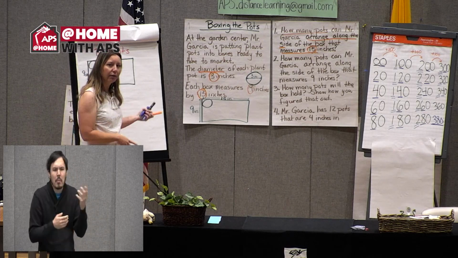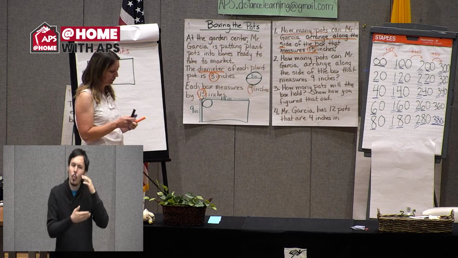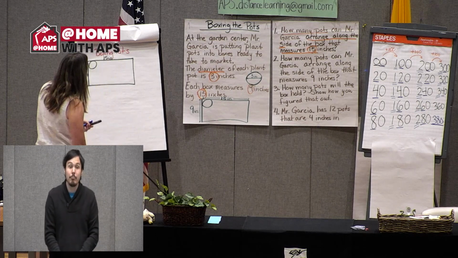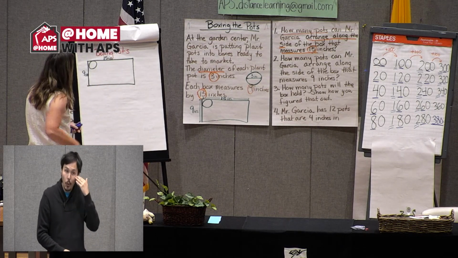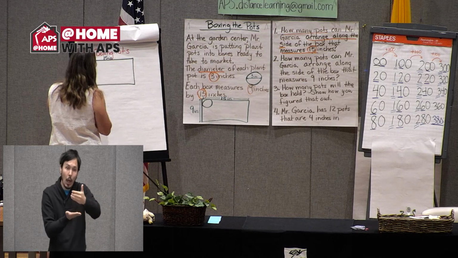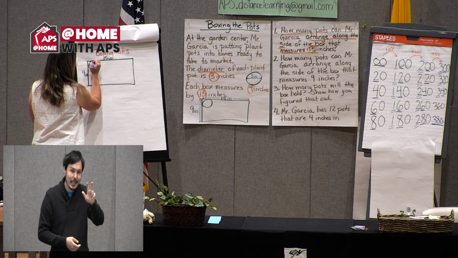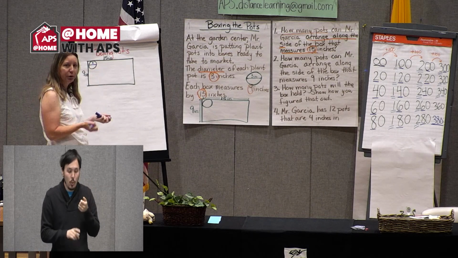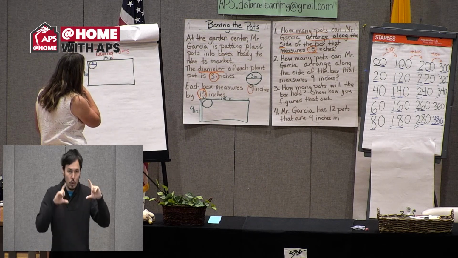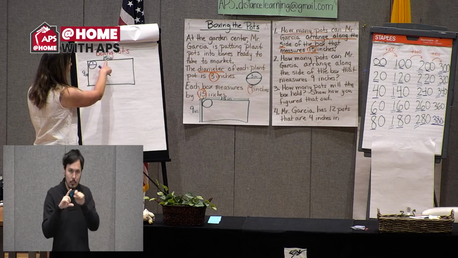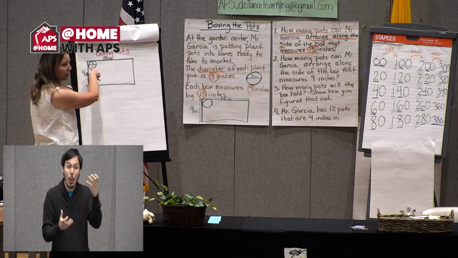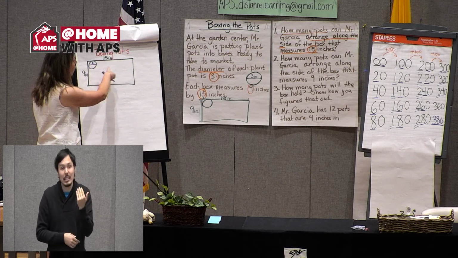What information do we have that would help us here? Well, I know that each pot is 3 inches in diameter. So I'm going to put that there. I also know I need to get to 15. And if I have 3 inches here, how many more would I need?